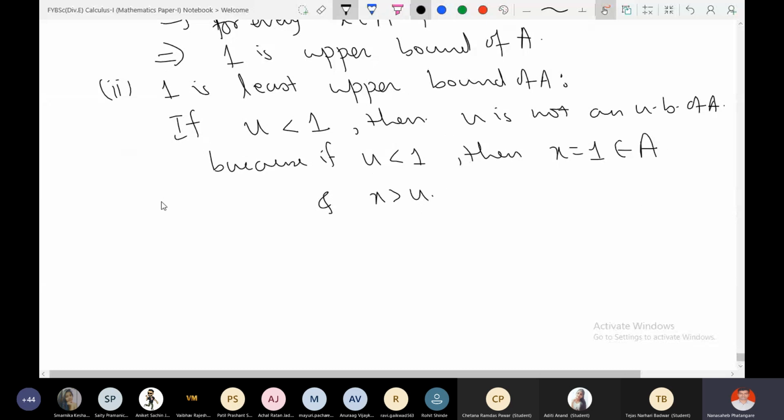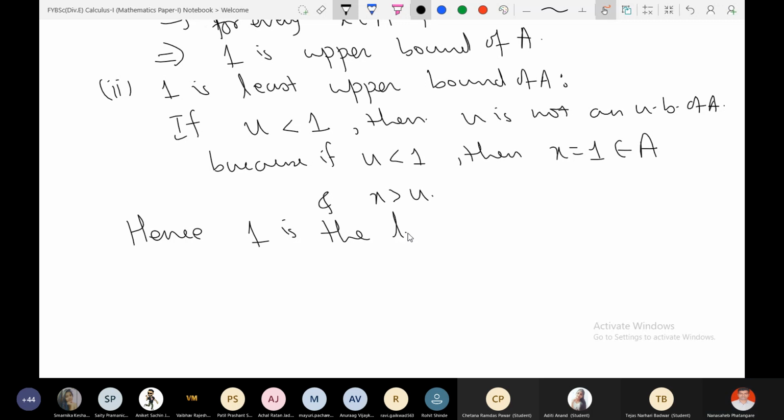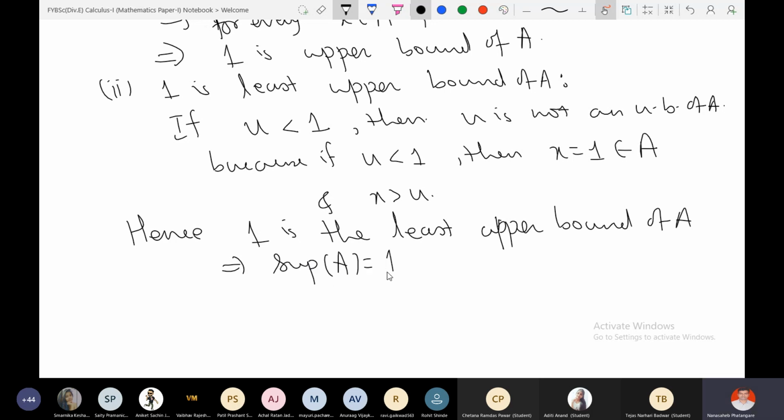So hence 1 is the least among all upper bounds of A. Therefore the supremum of A is equal to 1.